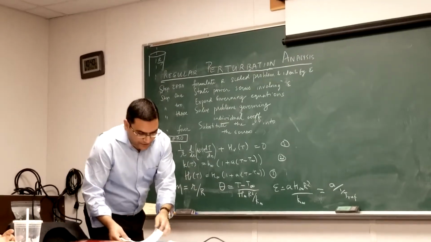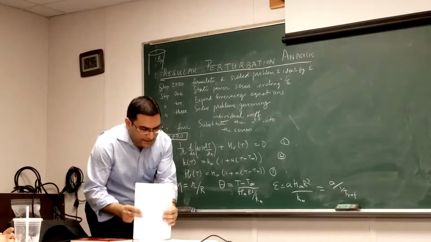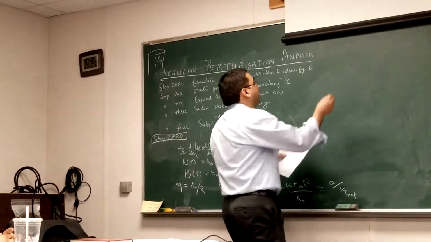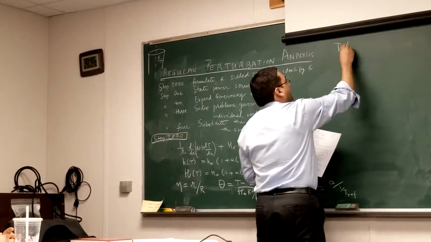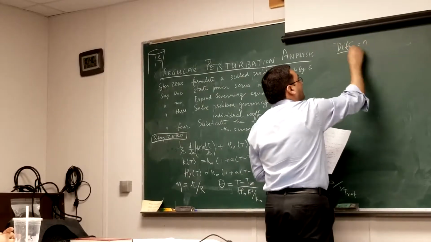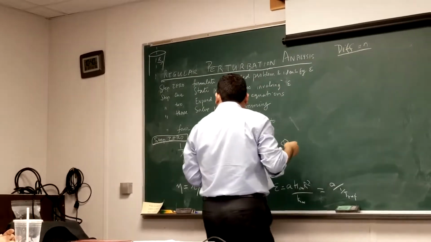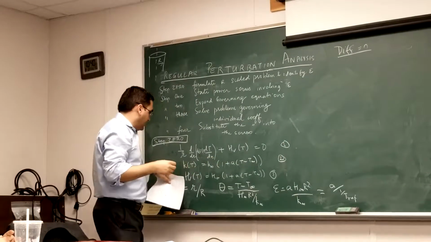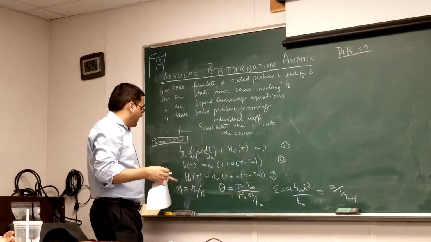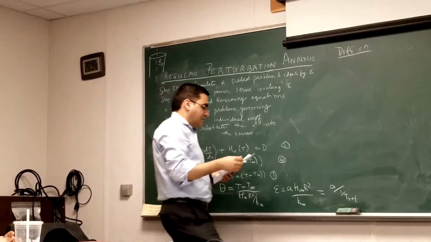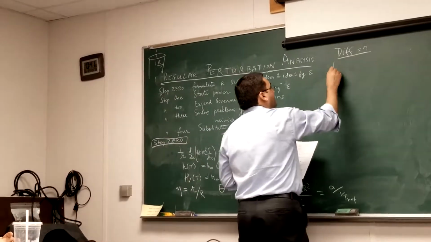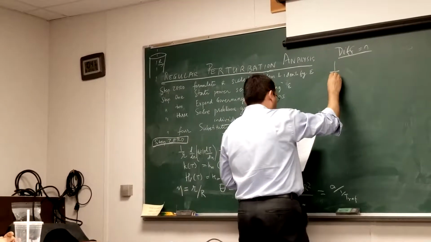But before we get to writing down the series, let's write down the differential equation. Now a differential equation has to be written in terms of these dimensionless groups, and also we are going to use the expansion.